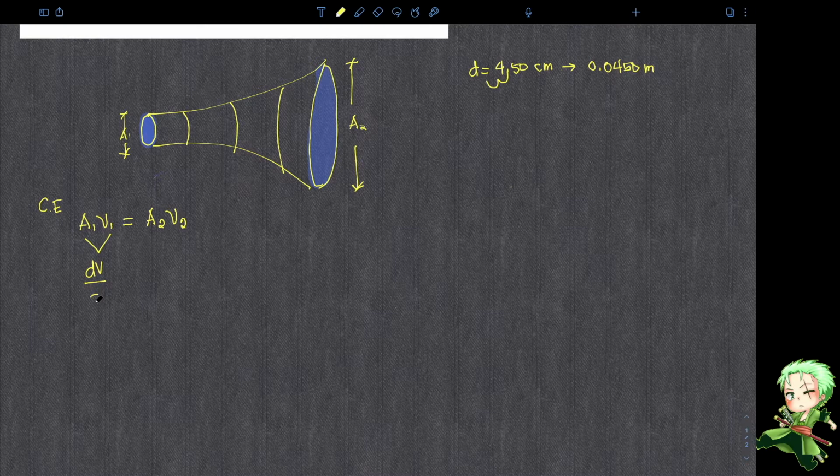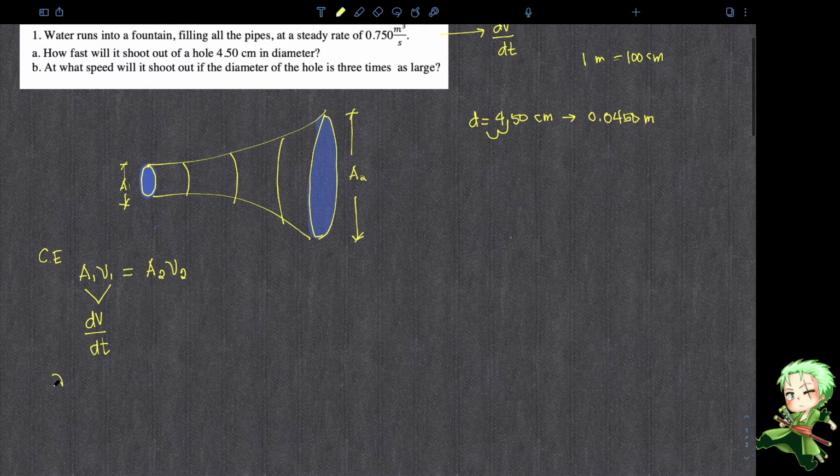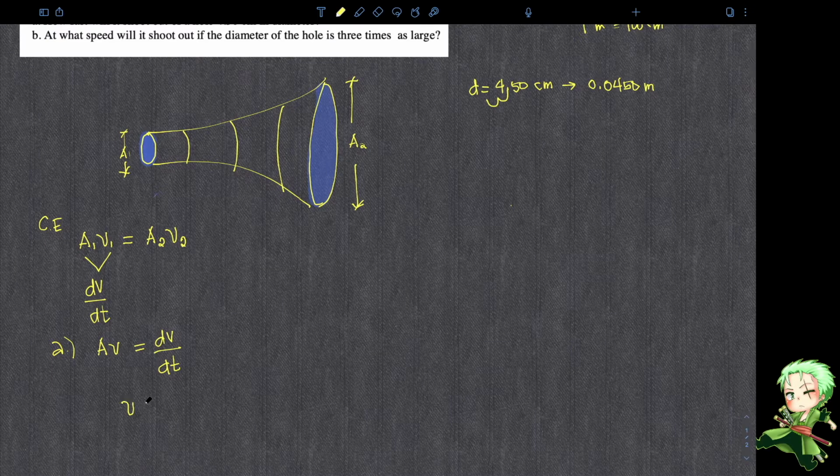Therefore, since our first question asks us to find how fast, meaning the velocity, we will be working with this expression: A multiplied by the velocity is just equal to the volume flow rate. Since we are asked to find how fast, that is referring to the velocity, how fast it is crossing. So we will manipulate that equation and we will arrive at this form, divided by the cross-sectional area A.